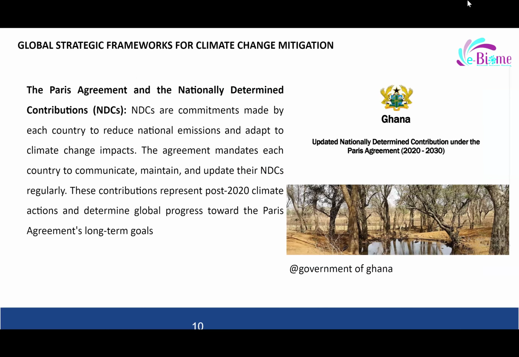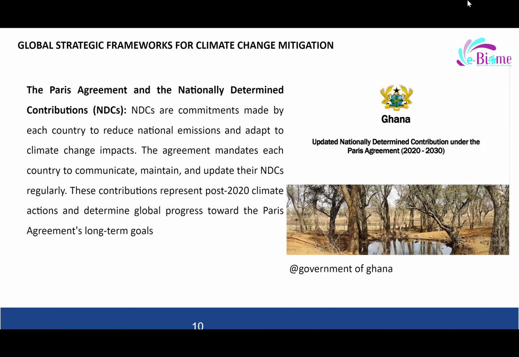So let's look at global strategic frameworks for climate change mitigation. Let's consider climate change mitigation from a global level, right? What are the global frameworks, structures, and institutions in place to ensure that climate change mitigation is well implemented across the globe, right? So the Paris Agreement and the nationally determined contributions.